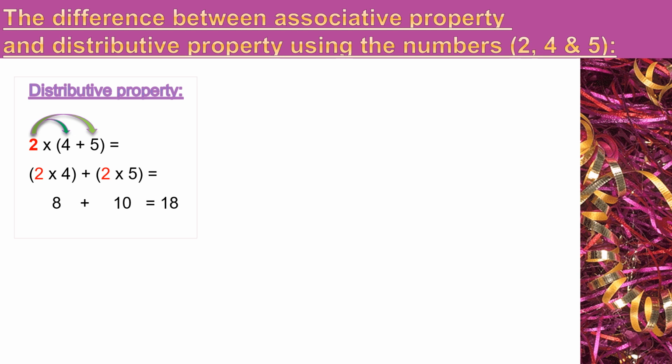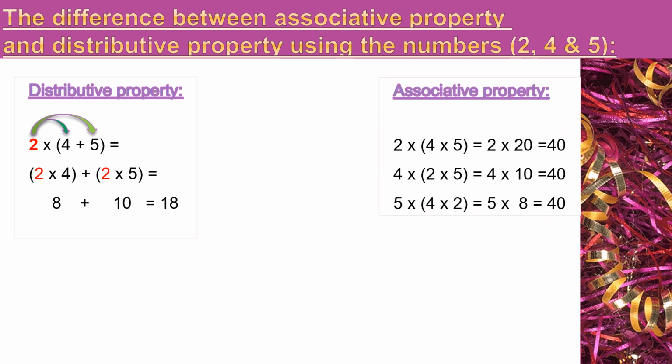So I should multiply 2 times 4 first, equals 8, plus 2 times 5 equals 10. Then I will add 8 plus 10 equals 18. This is distributive property.